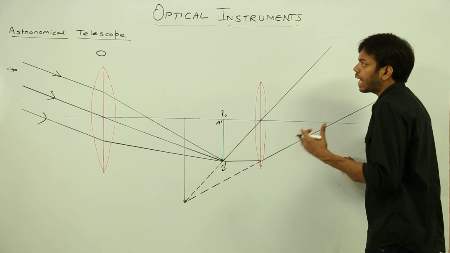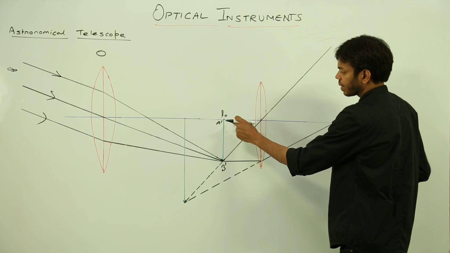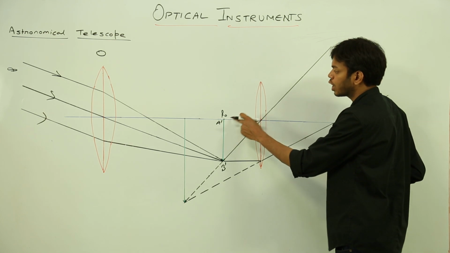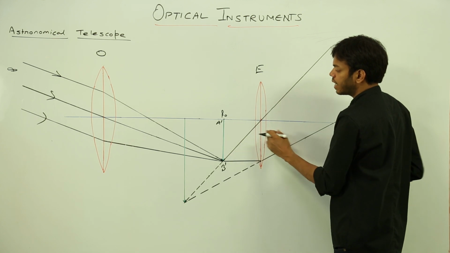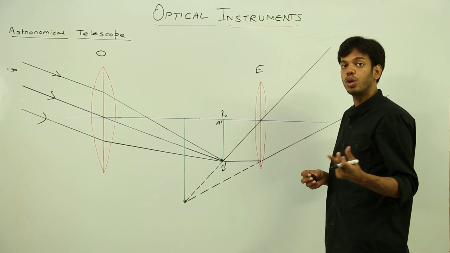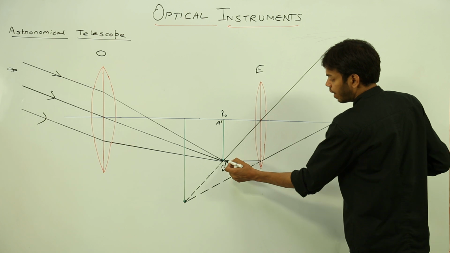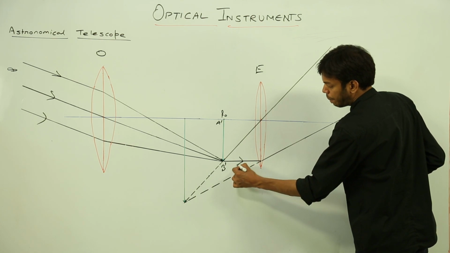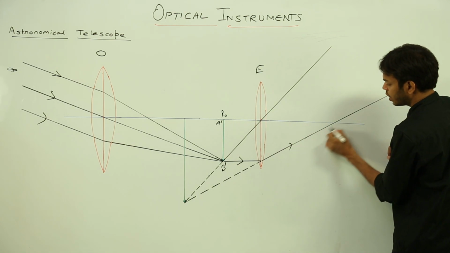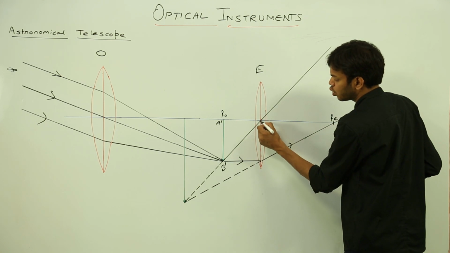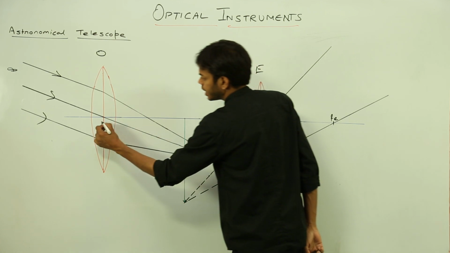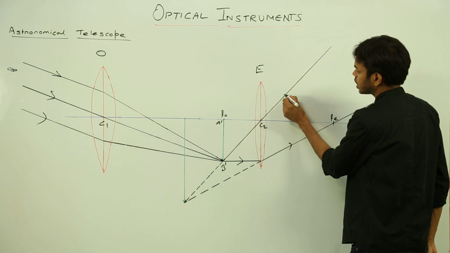Now what happened in normal adjustment: the same point was the focal point of the eyepiece as well. When an object is placed at the focal length of any lens, the image is going to be formed at infinity. One ray going parallel to the principal axis will pass through the focus, this is the focal length of the eyepiece, and the other ray which passes through the optical center C2, this was C1, is going to go straight.